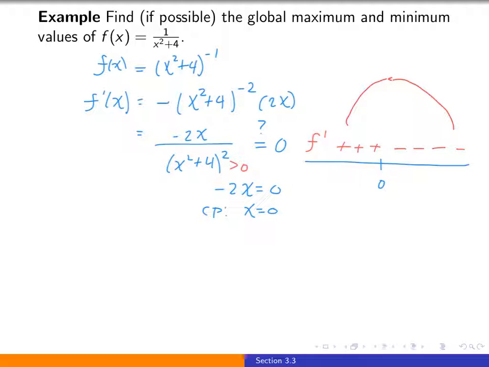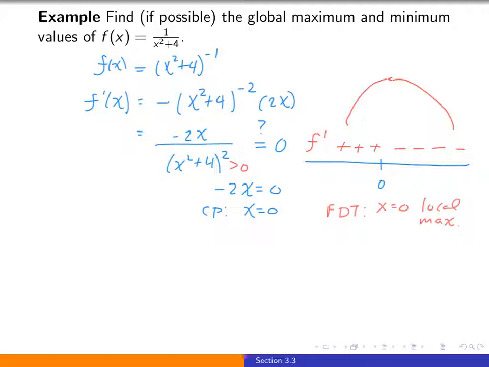By the first derivative test, we would typically classify x equals 0 to be a local max. But in this case, since it's increasing everywhere to the left of 0, and decreasing everywhere to the right of 0, the only possibility is that 0 gives the absolute largest value this function can ever assume.